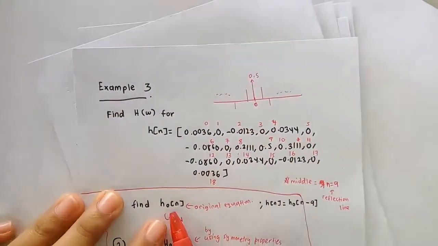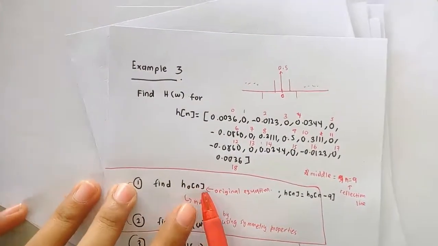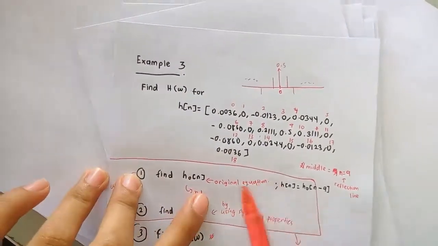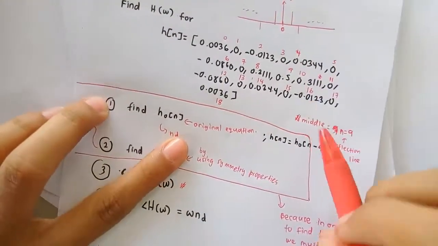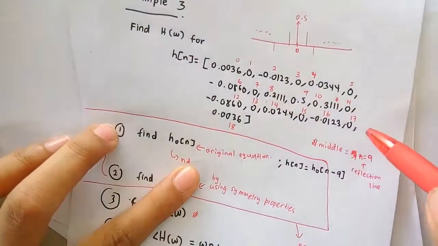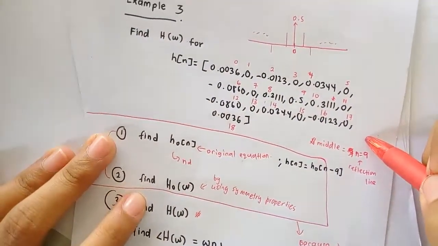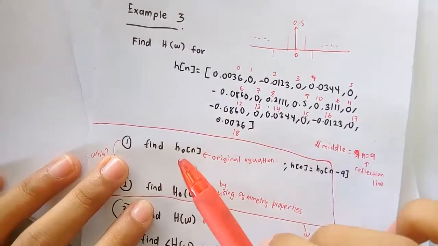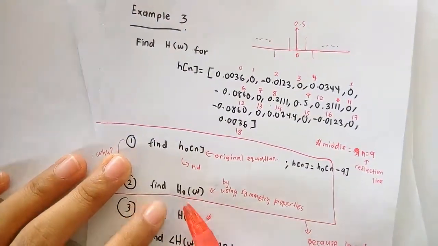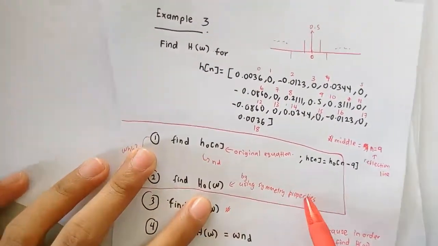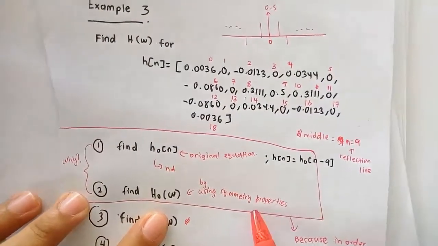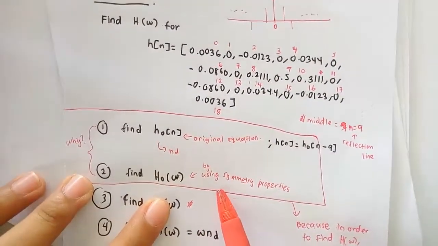First we have to find h naught n, the original signal, which is delayed by 9. After we find h naught n, we find H naught omega by using the symmetry properties, like the previous example.